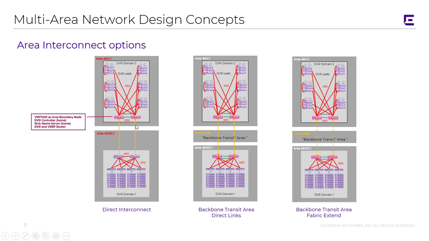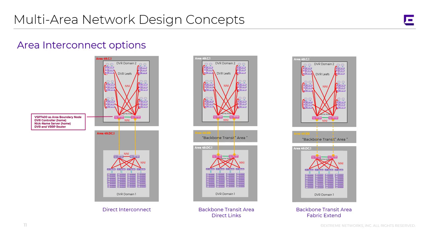This is one method. Typically, as you move beyond 2, you're going to want to create more of an architecture, and we can do this through the use of a backbone transit area. And these can be of 2 natures. They can be passive, as in this case, where the backbone transit has no switches, or they can be active. So you can have an active core. We'll talk about that later on in the design. Now, what makes this environment?